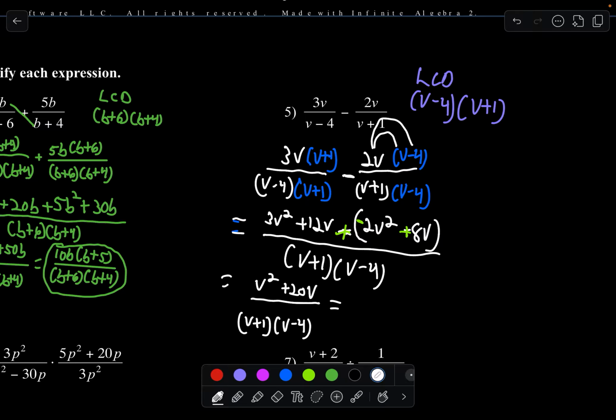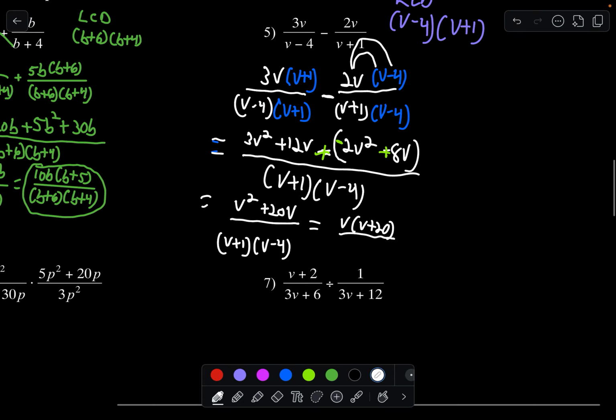And just for giggles and grins, we can pull out a v on top and get v plus 20 over v plus 1, v minus 4. And that would be the final result.